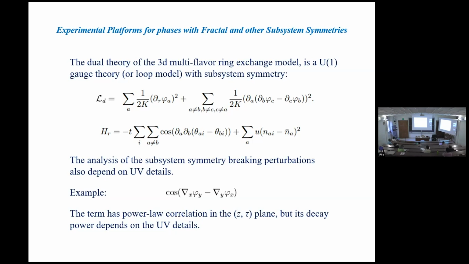Okay, and another question is, suppose you realize an experimental realization of these systems, or at least you propose some way to do that. Would it be possible to choose the UV completion of these breaking terms? You said that there is this UV-infrared mixing, so depending on how you define the operator in the UV, you obtain different results. So would that be something which is experimentally controllable? Definitely. You can certainly design a UV model, especially in the cold atom system.